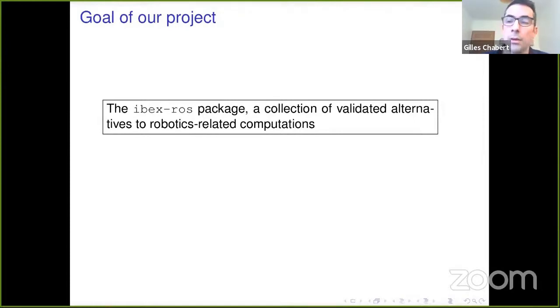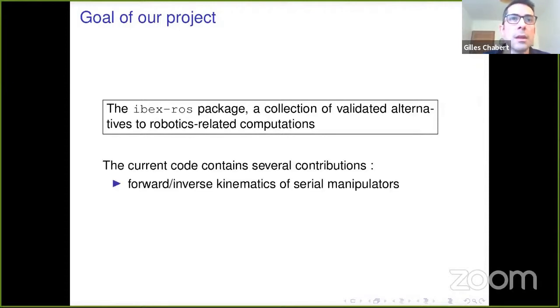And a version of the code I show you today is already available on GitHub. But the first official release will be issued in early 2021. So the current code contains several contributions already. One is for the computation of forward and inverse kinematics of serial manipulators.